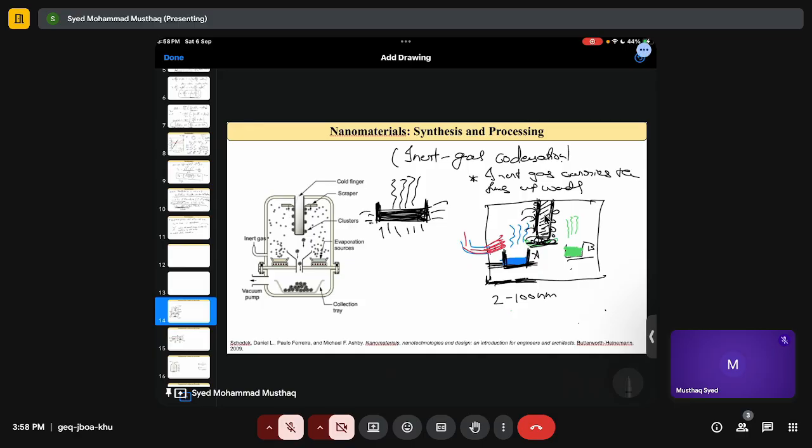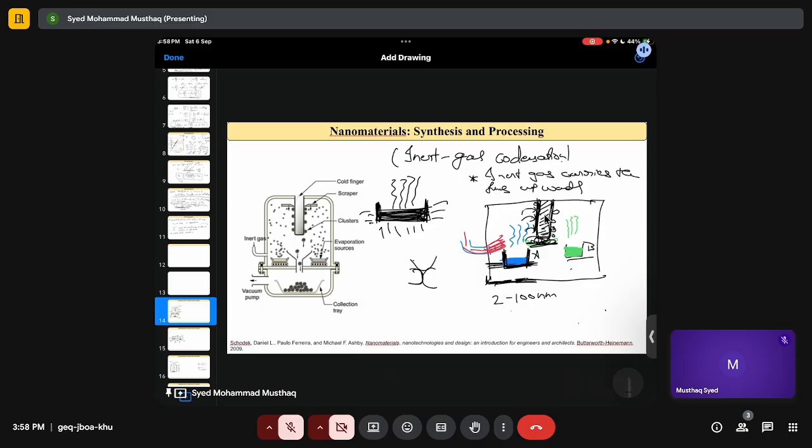Everything looks good, but the main drawback of this is that because of cold sintering, these particles will again get attached. You have cluster formation. Why does it form a cluster?